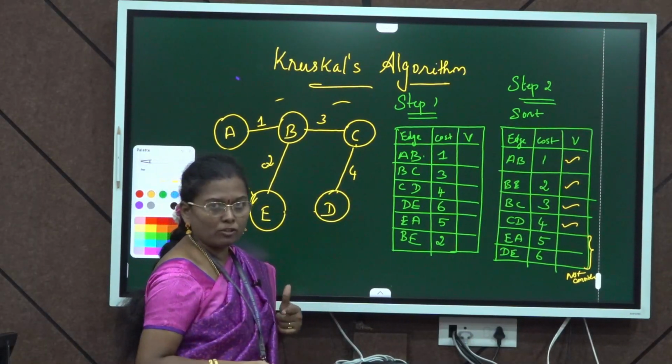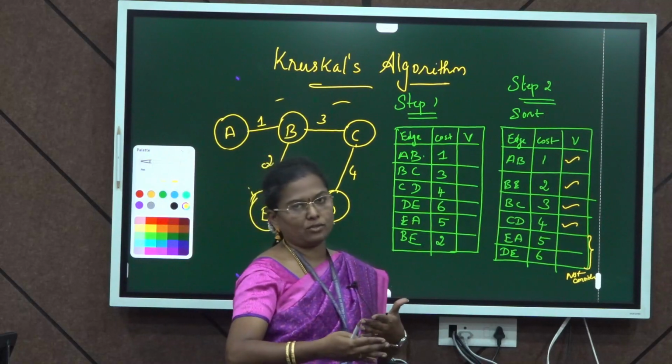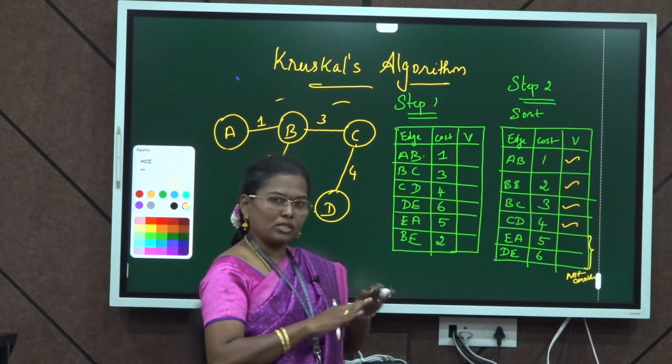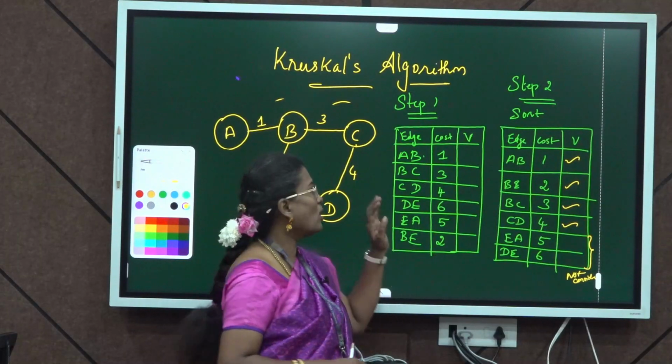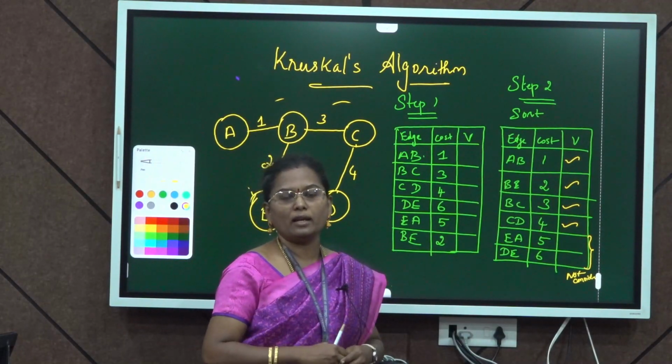If there is a formation of cycle, then those edges are not considered. We are going to move to the next edge, and once all the vertices are visited, the process will get terminated.